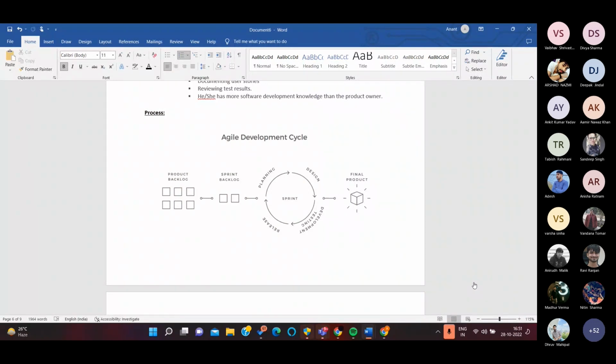There's a scope defined in the project charter, correct? The project charter doesn't really contain all the competitor analysis and stakeholder analysis.